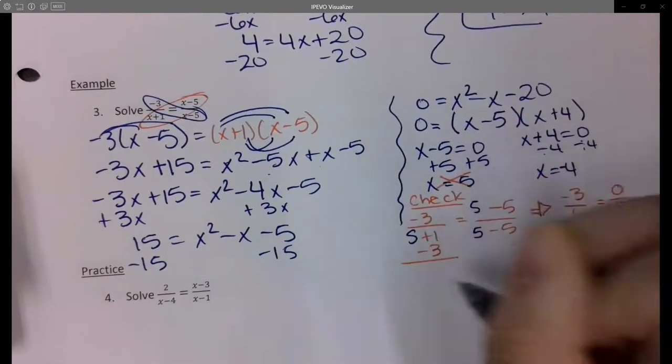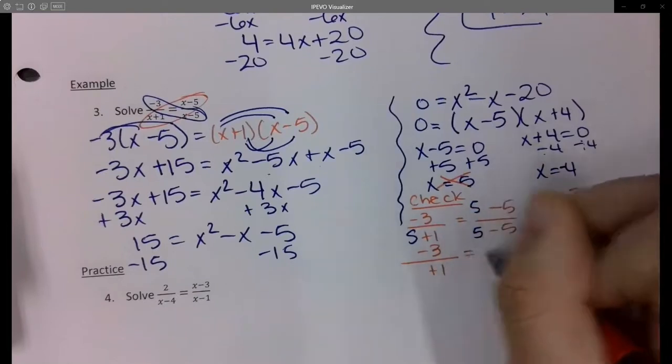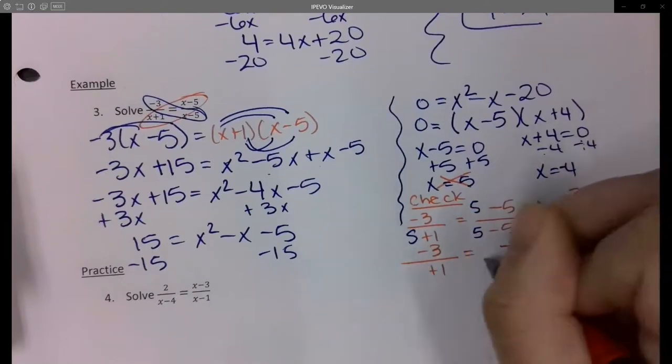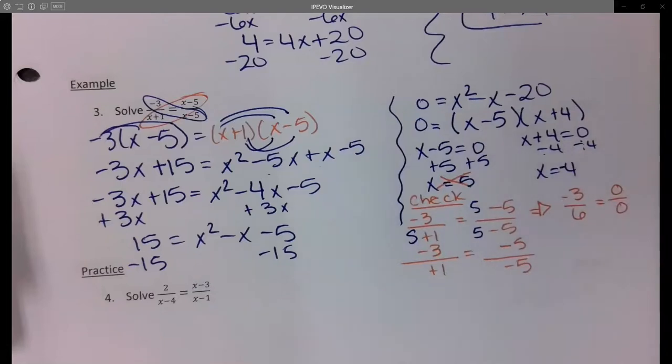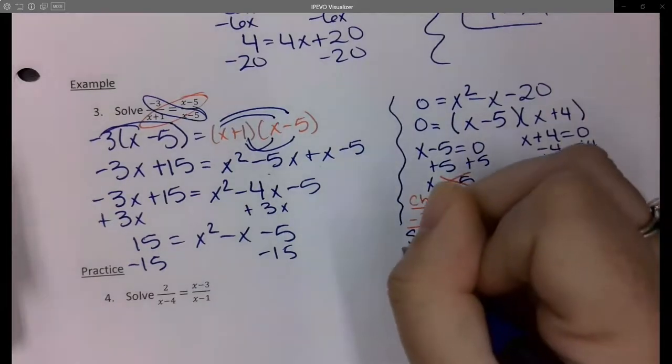So I'm going to have negative 3 over 4 plus 1 equals 4 minus 5 over 4 minus 5.